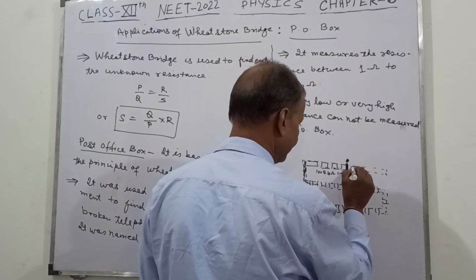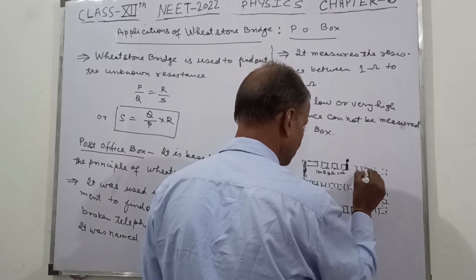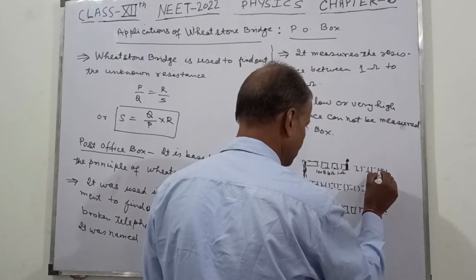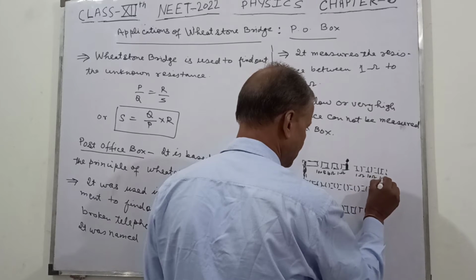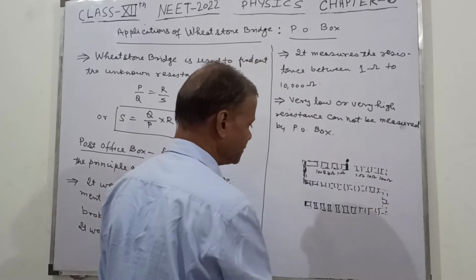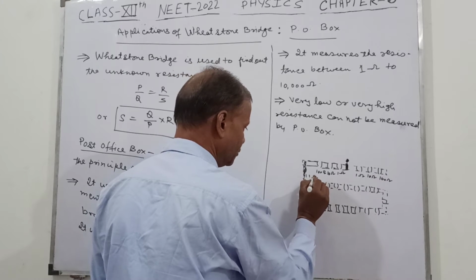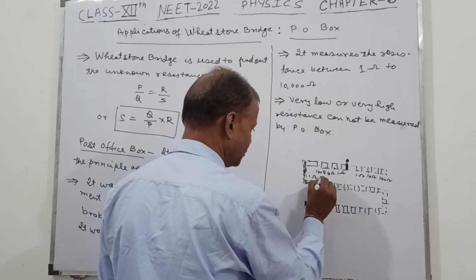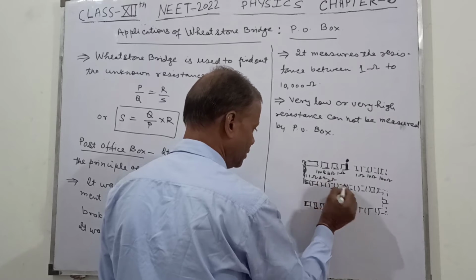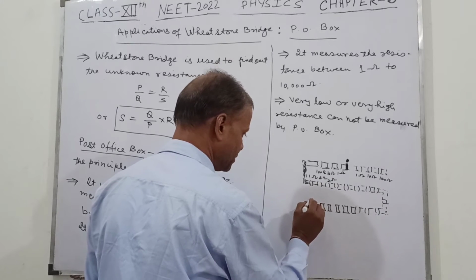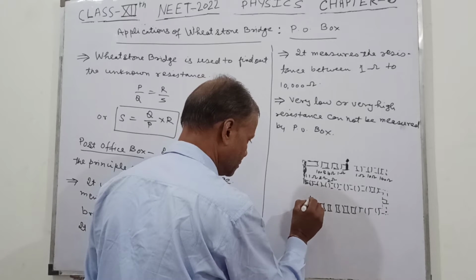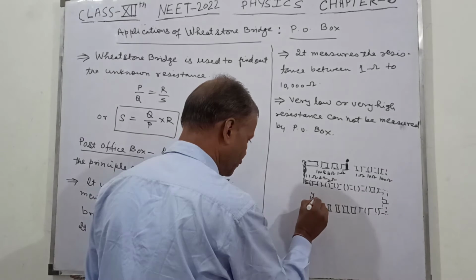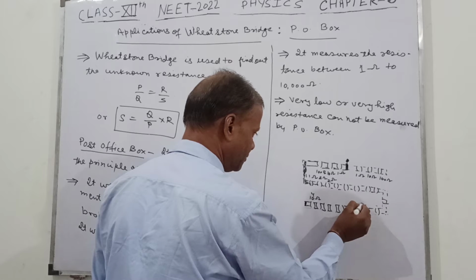Similarly on this side, this is 1 ohm, this is 10 ohm, this is 100 ohm. Then this is 2 ohm, this is 2 ohm, and at last this is your 10,000, 10 to the power 4 ohm. Like this, we are having a number of resistances.